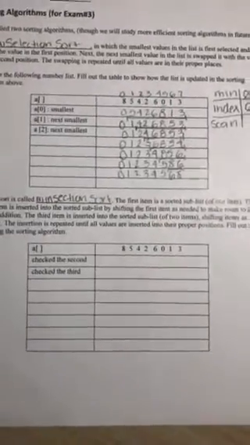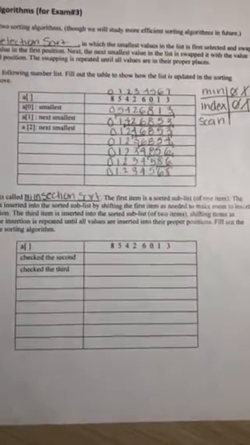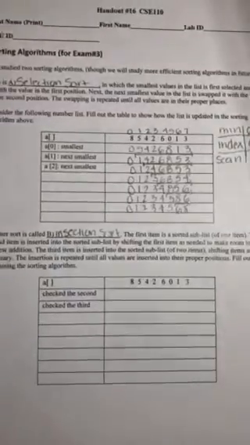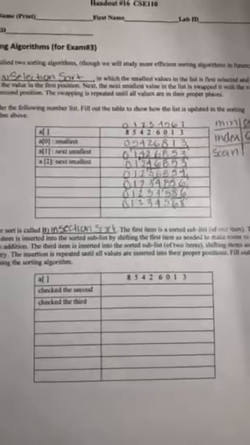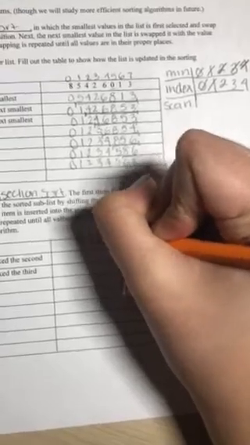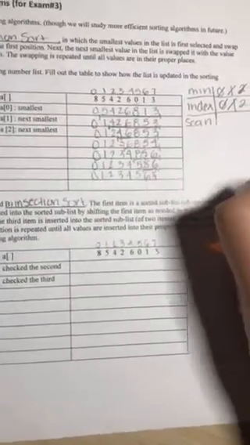Alrighty. Now in this one we're going to do shifting, not swapping. So we can also create a table, but first we're going to label our index: 0, 1, 2, 3, 4, 5, 6, and 7. Okay, we're going to create a table.